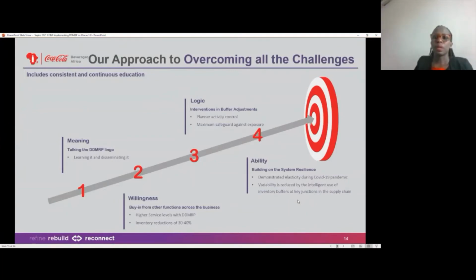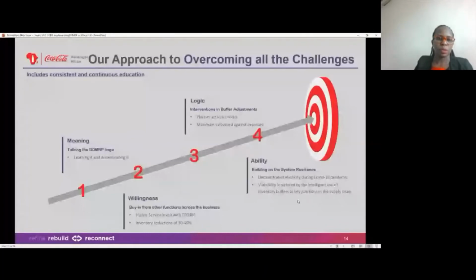With the demonstrated elasticity during COVID-19, we had an option of adjusting lead times to ensure that the lead times are captured in due time, for us to be able to maintain our stock cover with no exposure, and for continuity of the business without interruption. So that is what we went through in overcoming all these challenges.